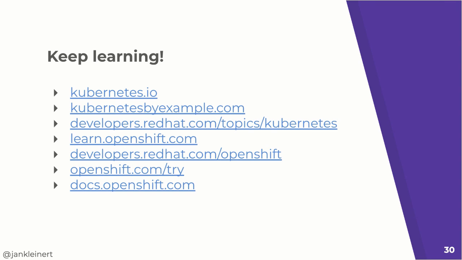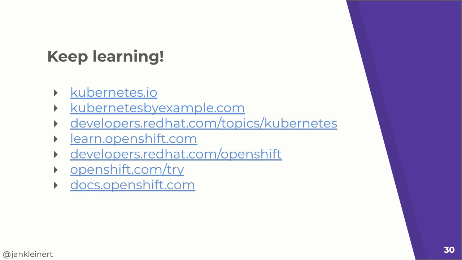You can follow along with these using something like Minikube, or you can use the OpenShift playground from learn.openshift.com as well. The next item here is the Kubernetes page on developers.redhat.com. This is a great resource to learn all about Kubernetes and cloud-native development, anything from articles to tutorials to videos and more.